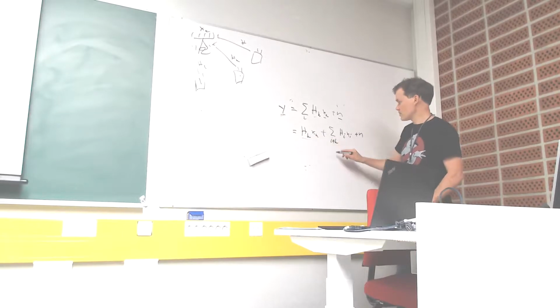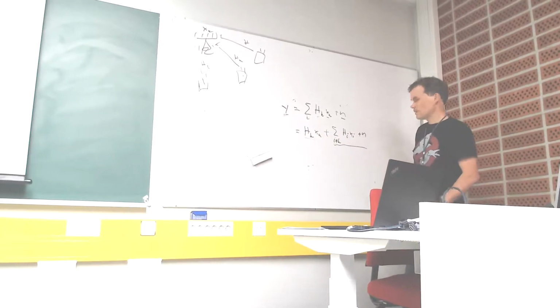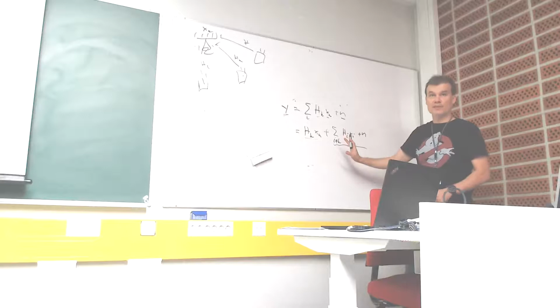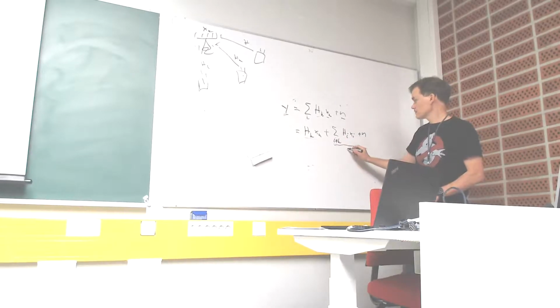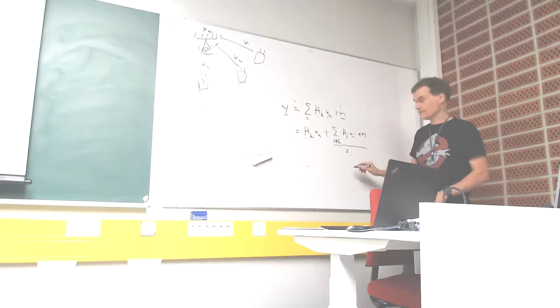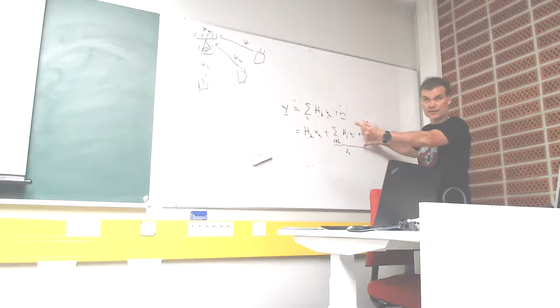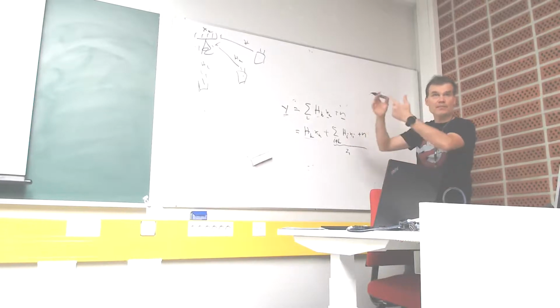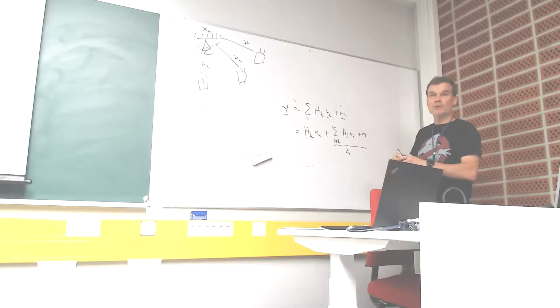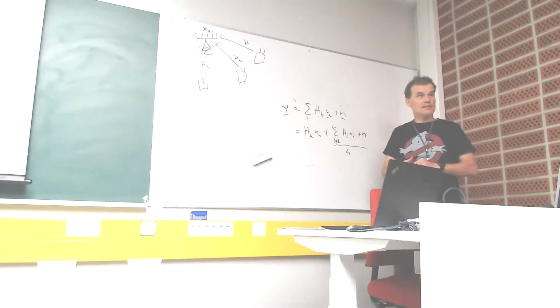But from user K perspective, these contributions are seen as interference, right? Z. Okay. Right. So we have the same model as earlier. If this is fixed, then we have the same point-to-point MIMO with interference. You can see this, it's equivalent model to the one that we discussed earlier.